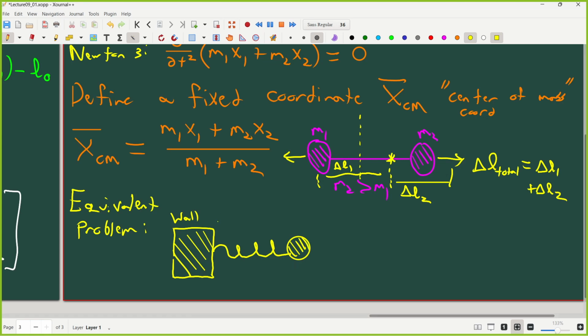The length of the spring, of course, is delta L equals L minus L naught. And the mass of this spring is mu, which we define as the reduced mass.